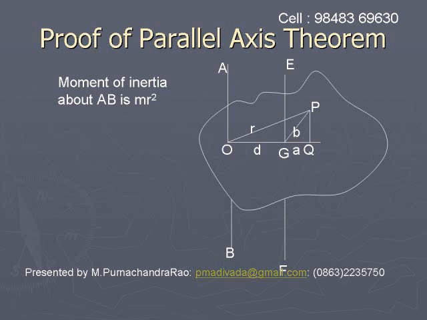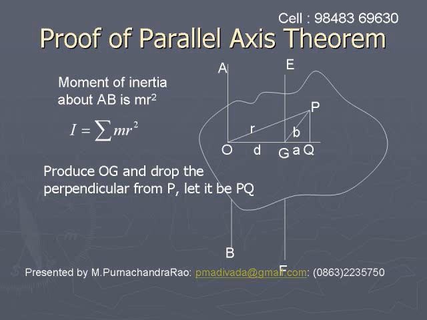The moment of inertia of the particle P about the axis AB is mr square, and the moment of inertia of the entire body about the axis AB is I is equal to sigma mr square.